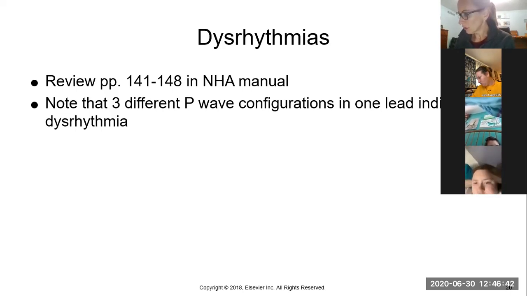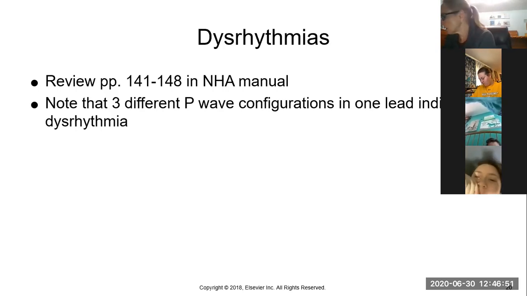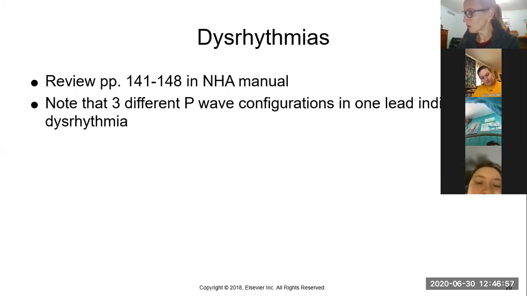So make sure you look at that. On 144, that ventricular fibrillation, I'd make sure to know those, but just go through those so you can kind of get used to them. Okay. One thing I want to note is that 3 different P wave configurations in one lead indicates a dysrhythmia.